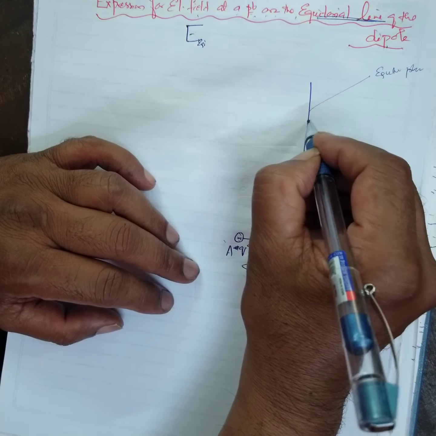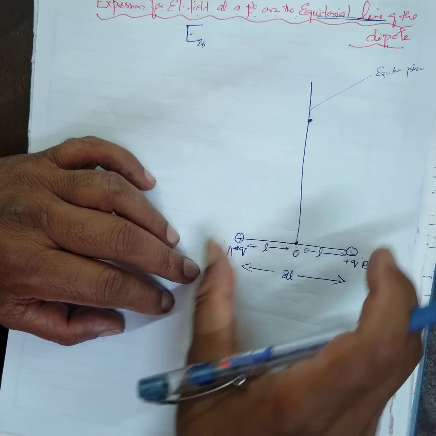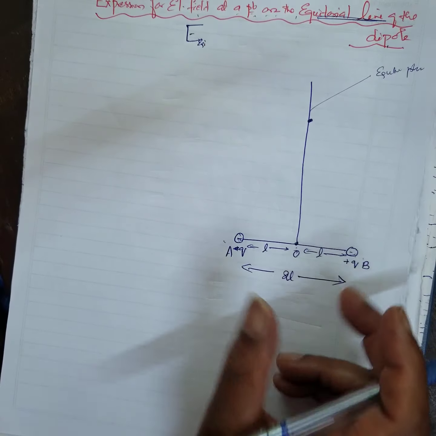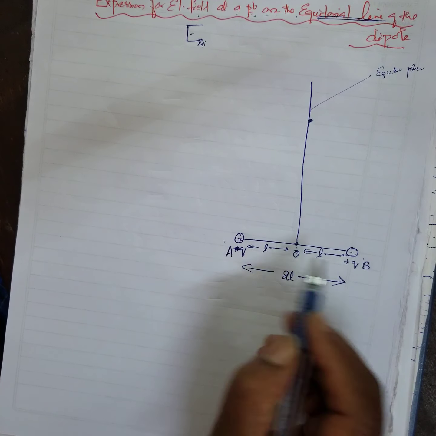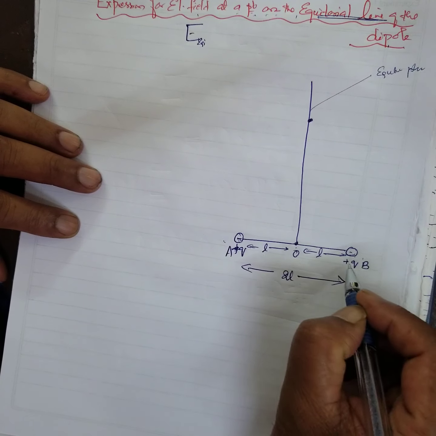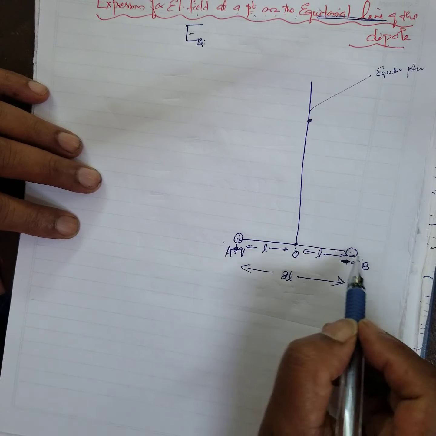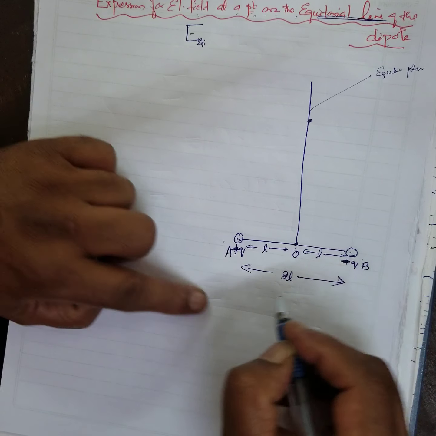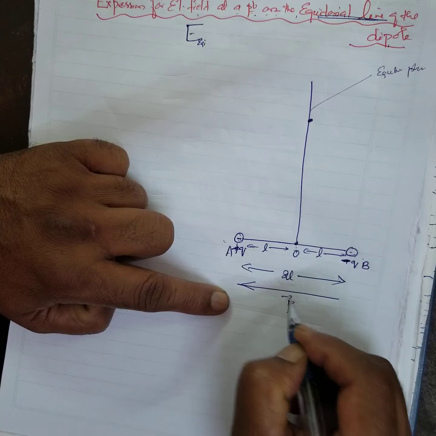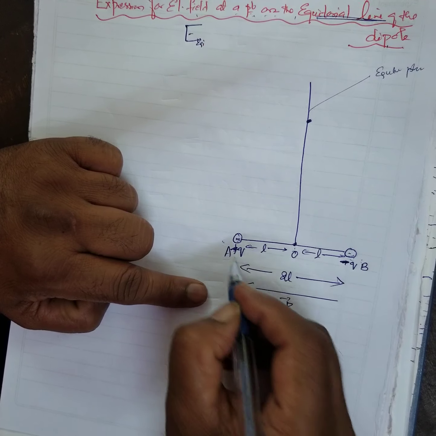Now I consider a dipole, right? You can keep minus here or there, anywhere you can keep it, okay? Or better, I will keep positive here, negative here, right? What is the direction of the dipole? This is the direction from negative to positive.